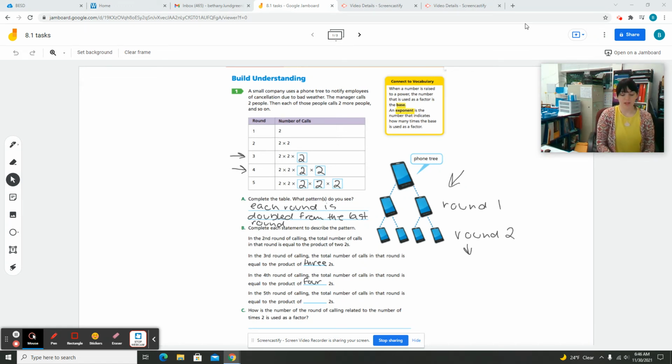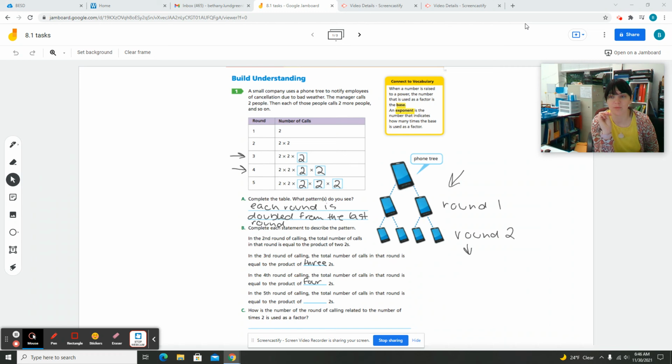Okay. Now for part C, how is the number of the round of calling related to the number of times 2 is used as a factor? If you notice, the round almost represents how many times 2 is multiplied. Do you see that? The second round, 2 is multiplied twice.